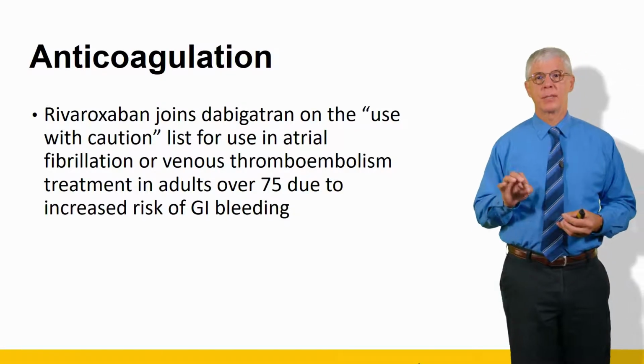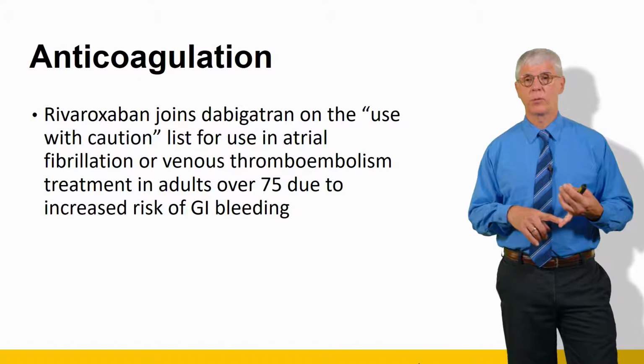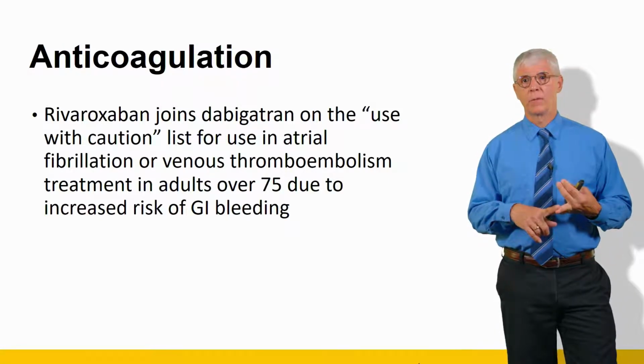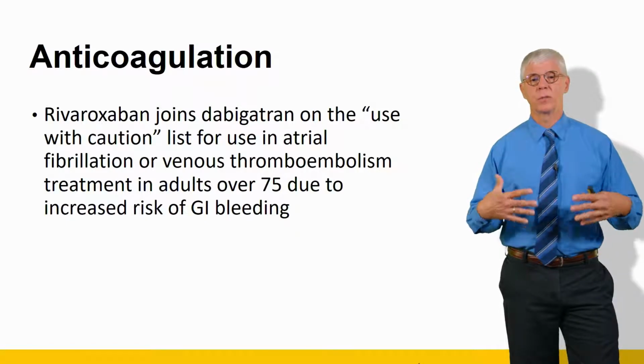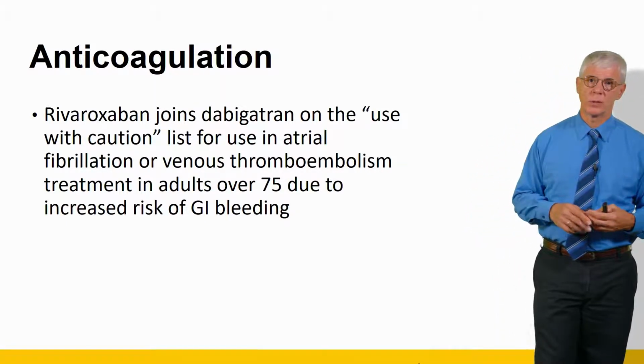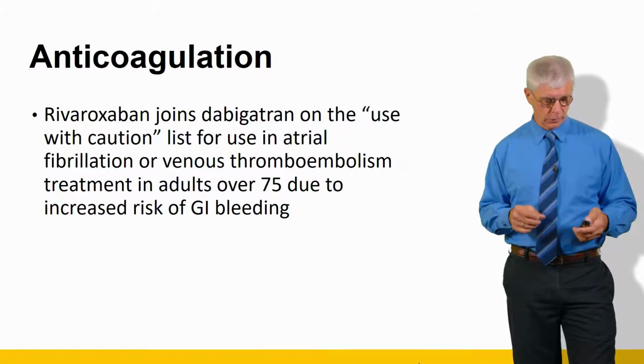But rivaroxaban and dabigatran are both on that list now for both atrial fibrillation as well as venous thromboembolism for people over 75, because what they've found through post-marketing reports is that those folks in that age group have an increased risk of GI bleeding with those two agents.